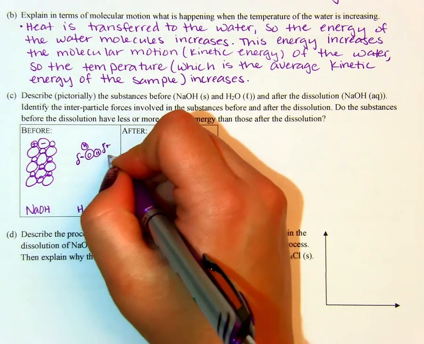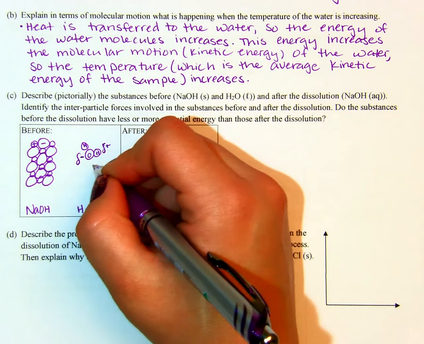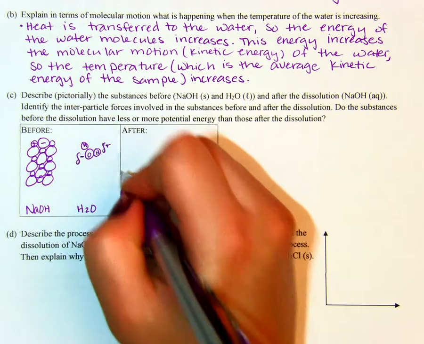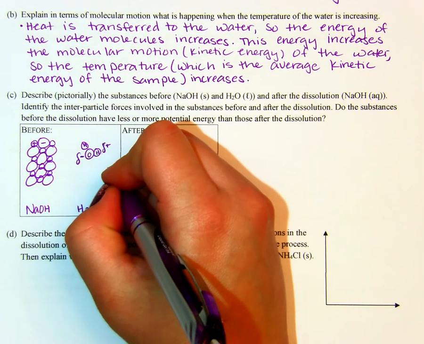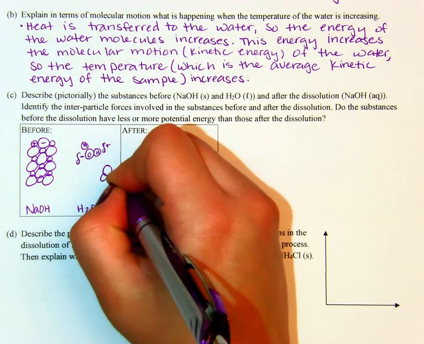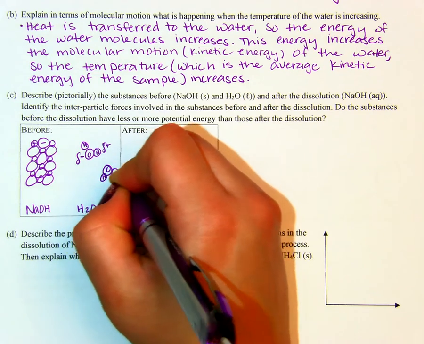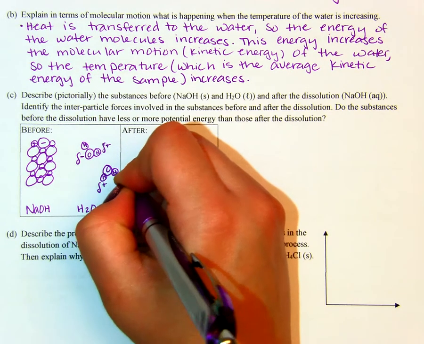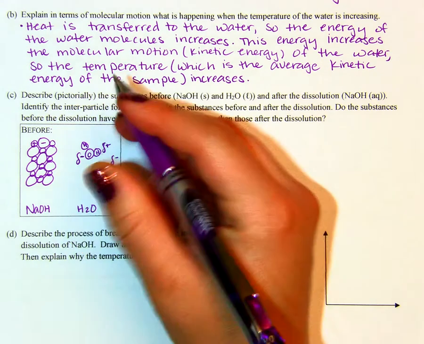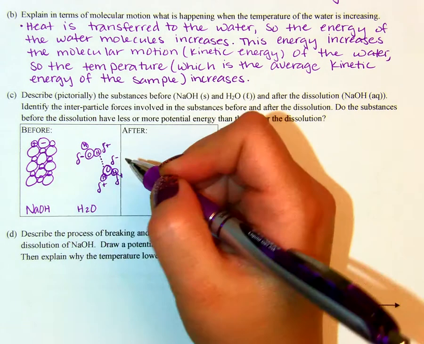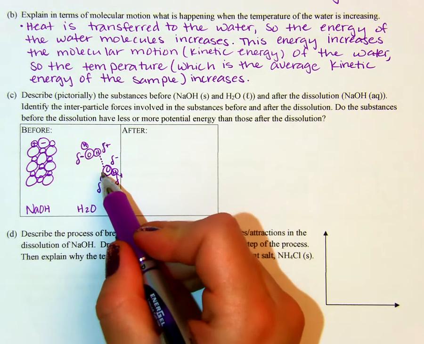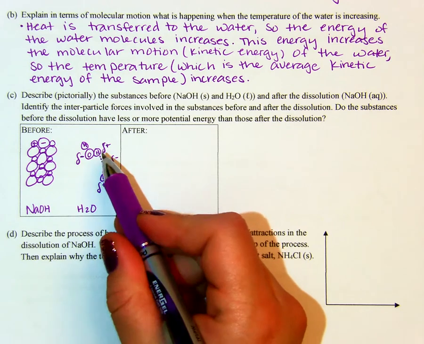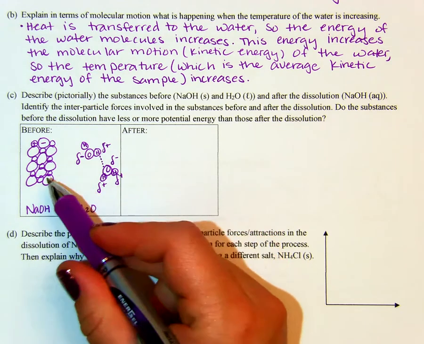So this little delta right here, that means partial. That's a partial symbol. And we know that negative attracts positive. So there are other water molecules in solution. So we have another water with a partial positive hydrogen side and a partial negative oxygen side. And then right here in the middle, we have some hydrogen bonding going on between the hydrogen and the oxygen. So this is before.